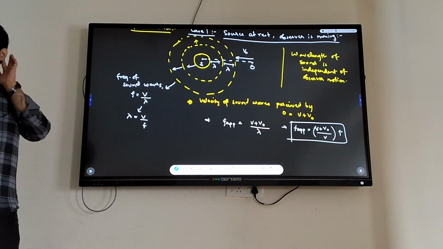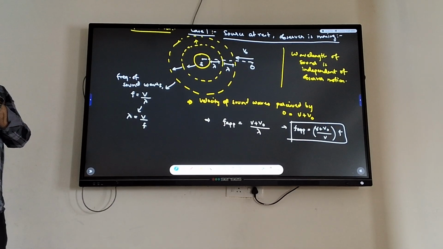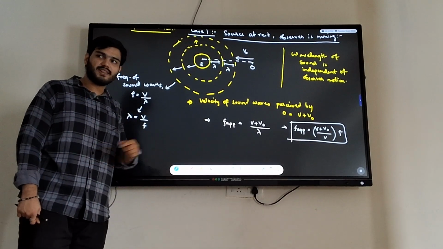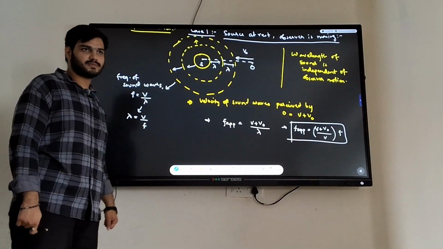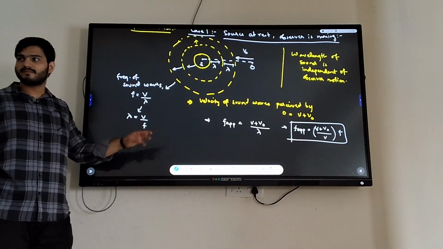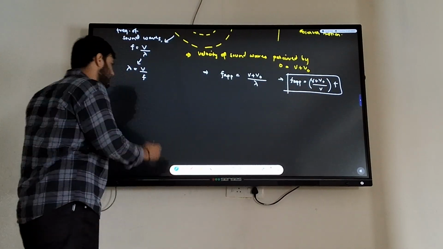This is the case 1 where I put my source to be stationary and my observer was moving. Now I will flip the roles. I will put the source to be moving now and the observer to be stationary. Okay? So let's do that. Is it written till here? Case 2.